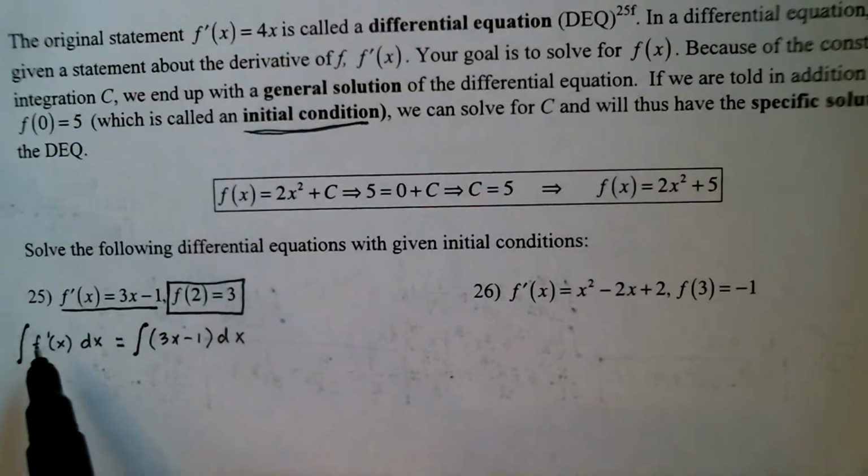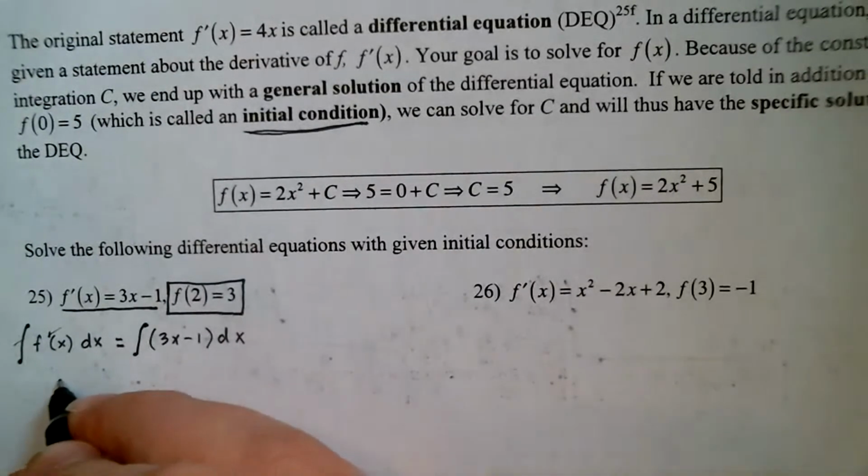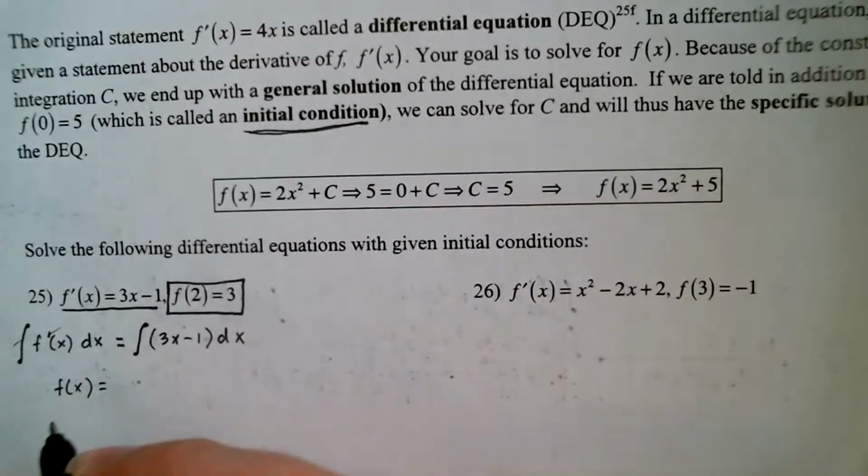So basically over here, the integral and the derivative cancel each other out, just leaving us f of x. And over here, we would just simply solve that the way we have solved all these today.